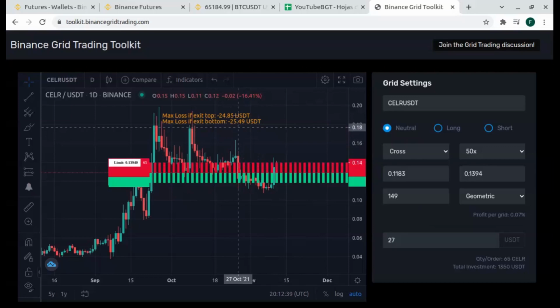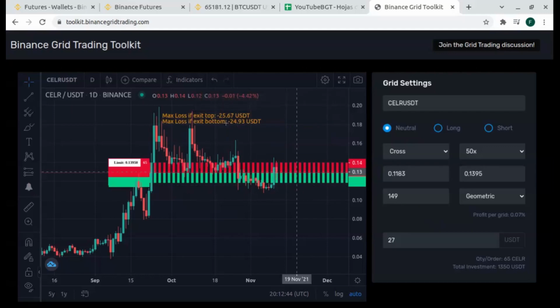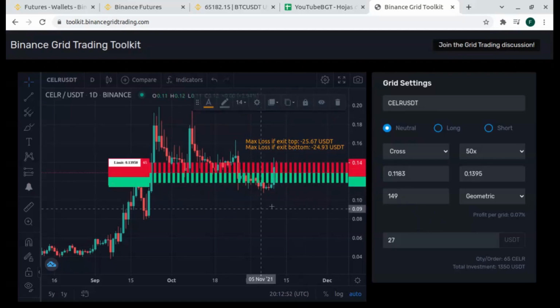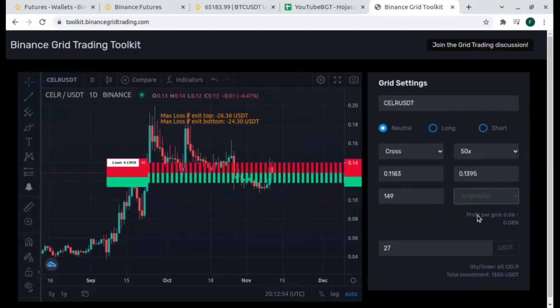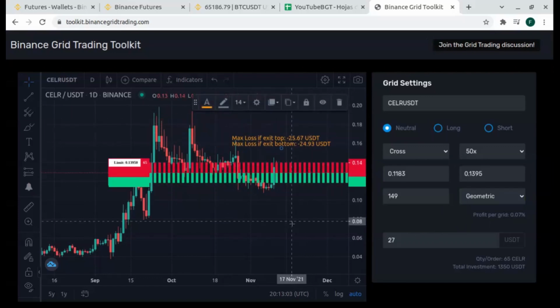I think we are okay here. I think this is okay. And as regards geometric or arithmetic, it is more balanced now with geometric. Okay, so these are the settings that we're going to use to keep our challenge going.